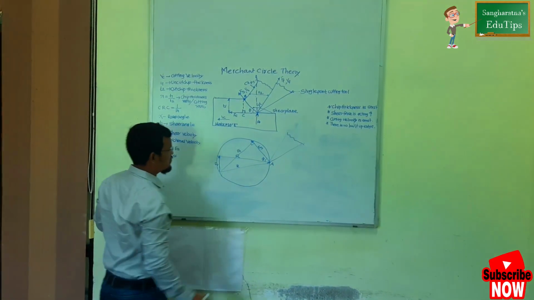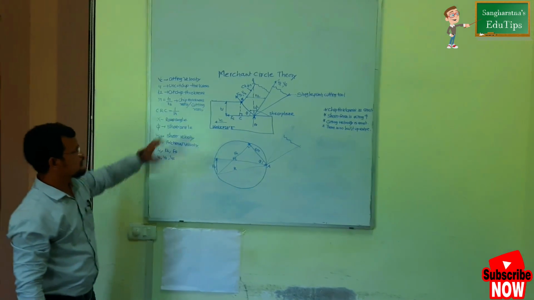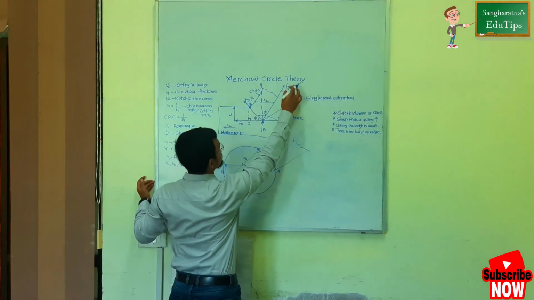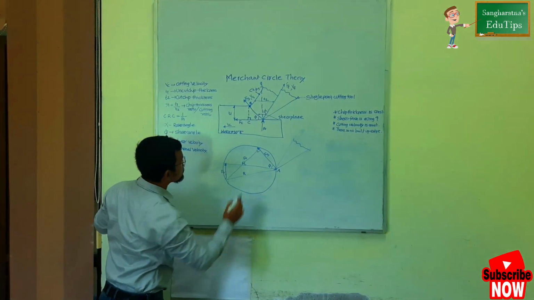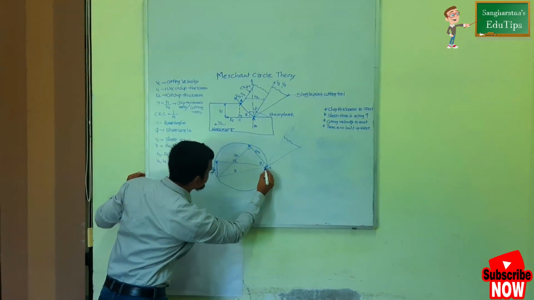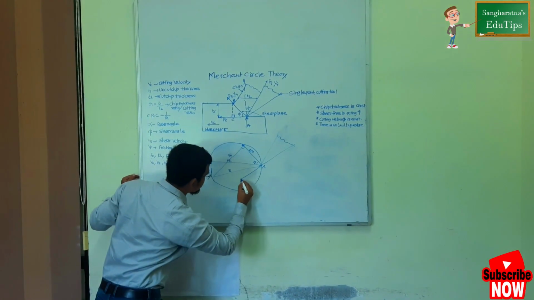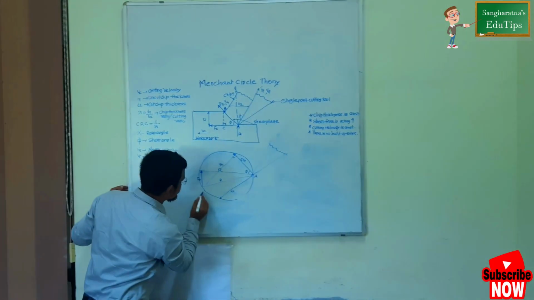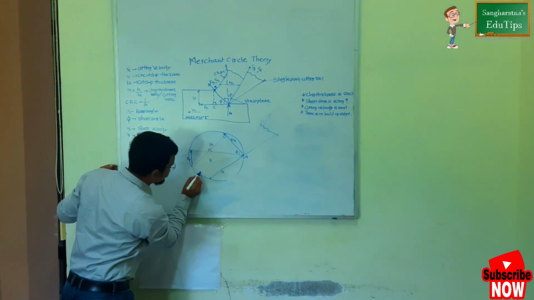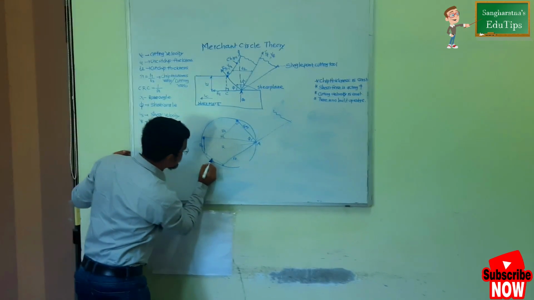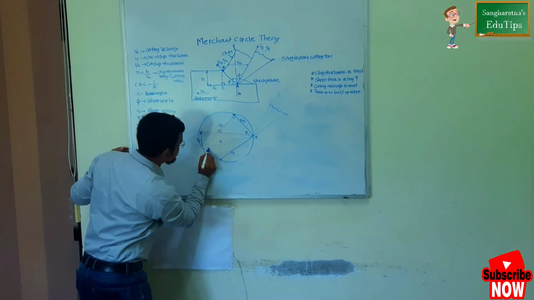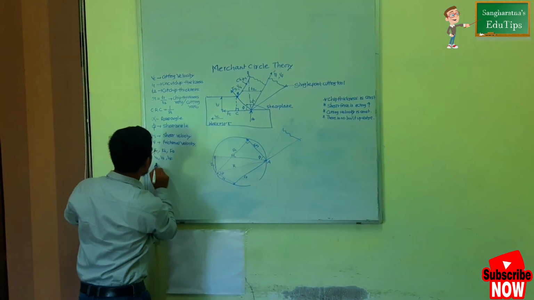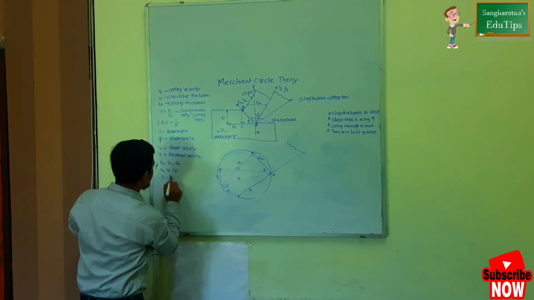Very simple thing. Now what remains is the friction force Ff. The friction force I am representing here in the downward direction. This is Ff, and perpendicular to this will be the normal, N. This angle is generally denoted as beta, meaning the friction angle.